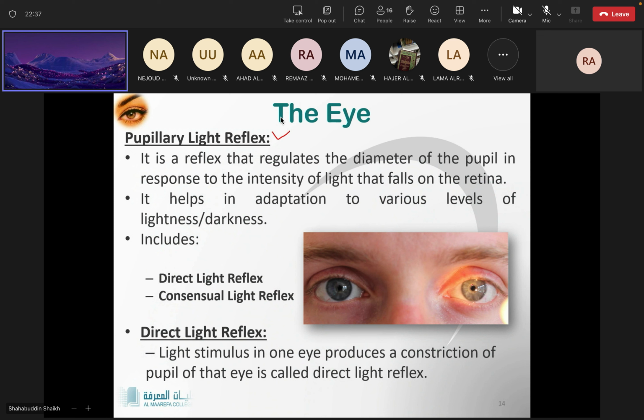It is bent in one direction somewhere like this. I cannot draw with the mouse actually, so I'm not able to do that. But remember, the curvature of the cornea is not normal. Any disease which causes abnormal curvature of the cornea is called astigmatism. One example which I remembered was pterygium.